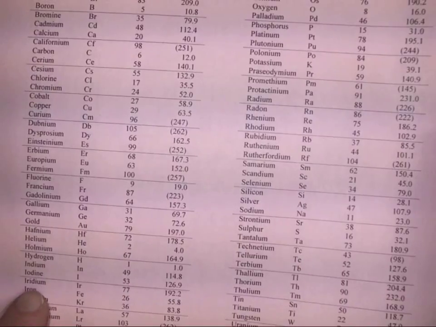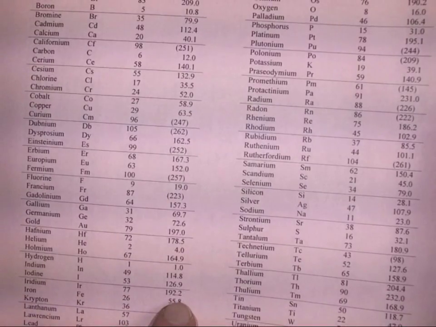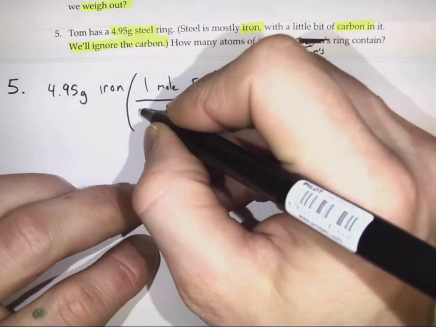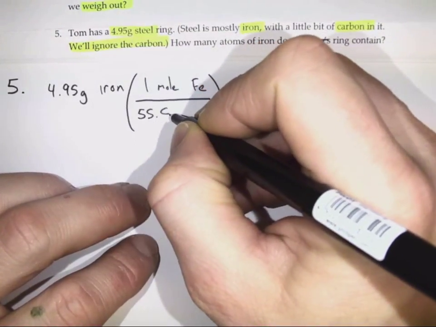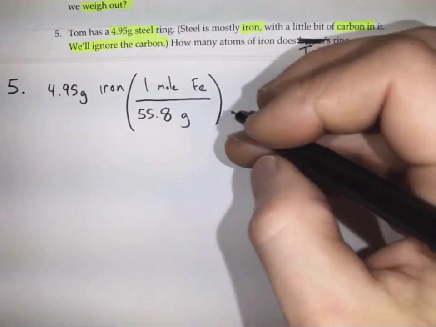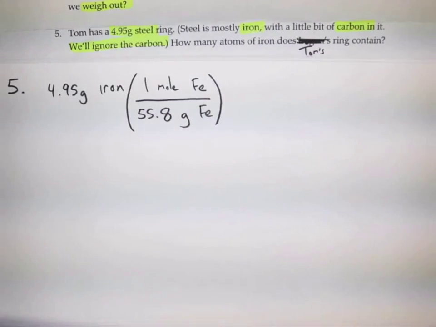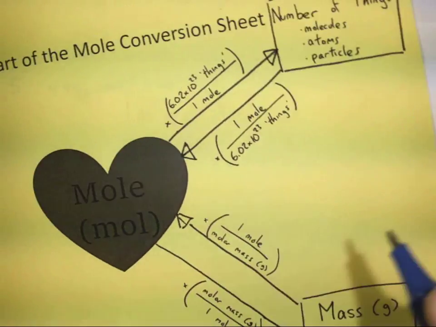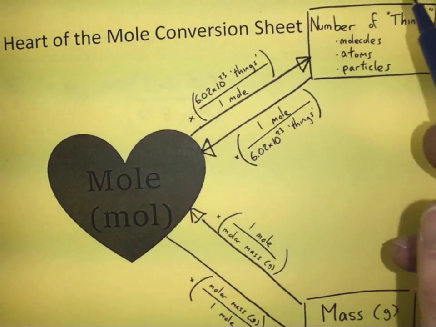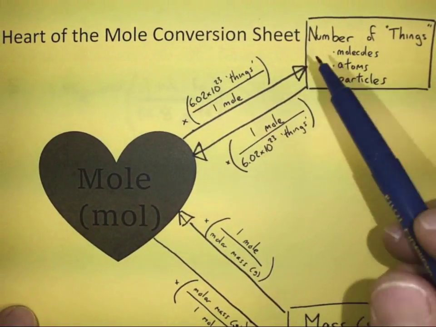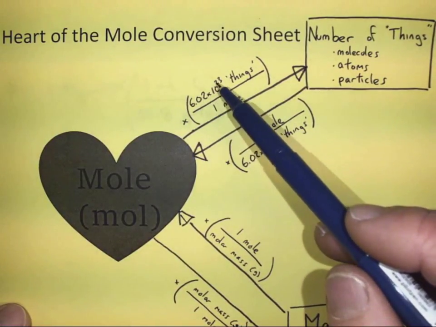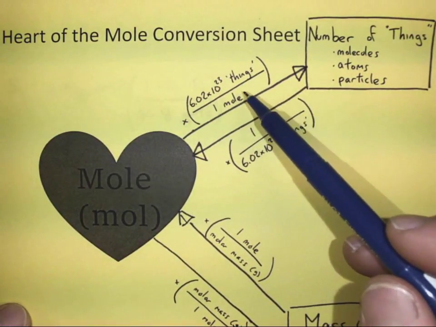It's in alphabetic order. It's 55.8 grams for every mole. That's 55.8 grams of iron. Now that's fine. That's going to cancel out grams of iron, leave me with moles of iron. And now I need to get to a number of things, a number of molecules in this case. So I'm going to multiply by 6.02 times 10 to the 23 molecules in a single mole.